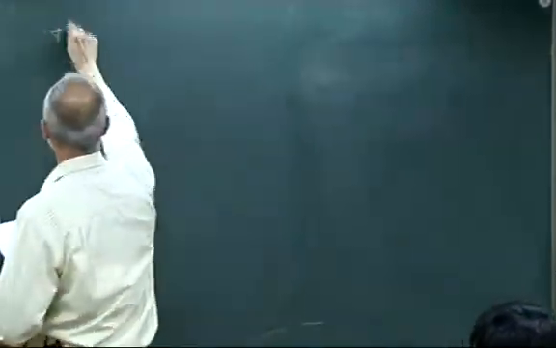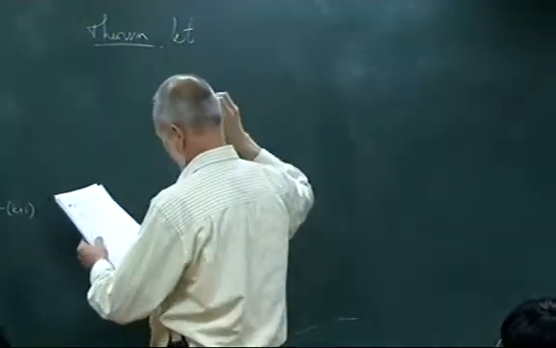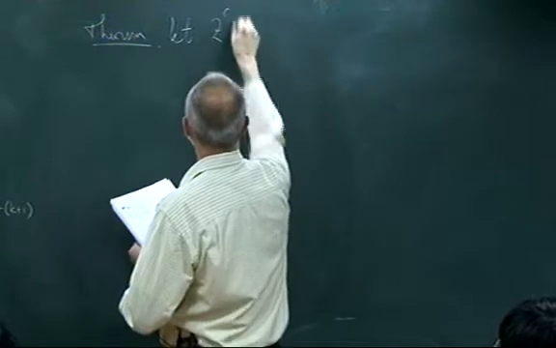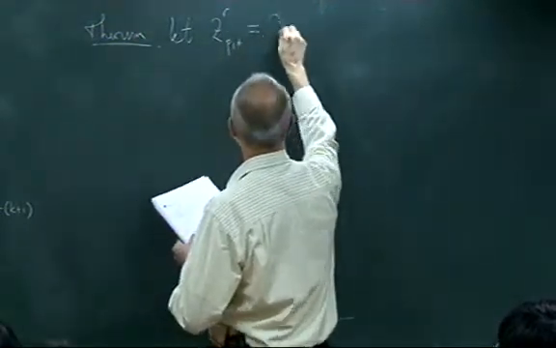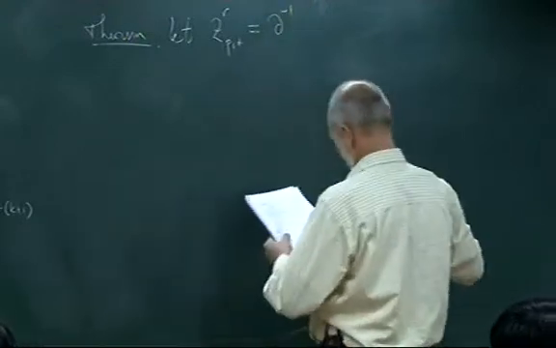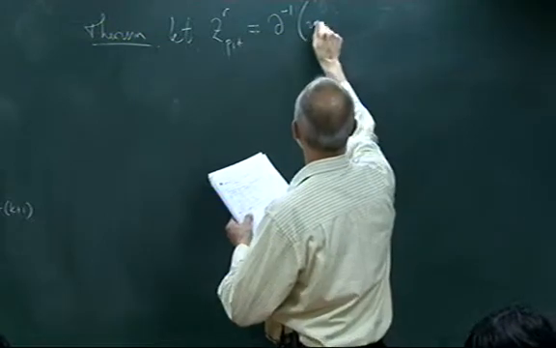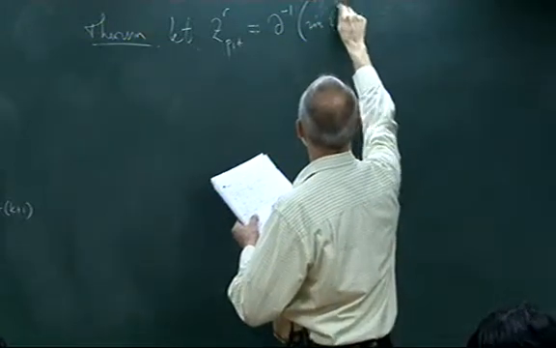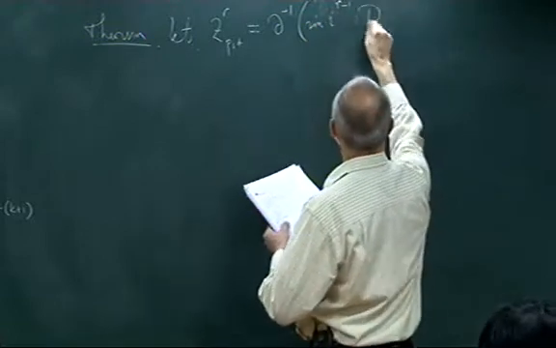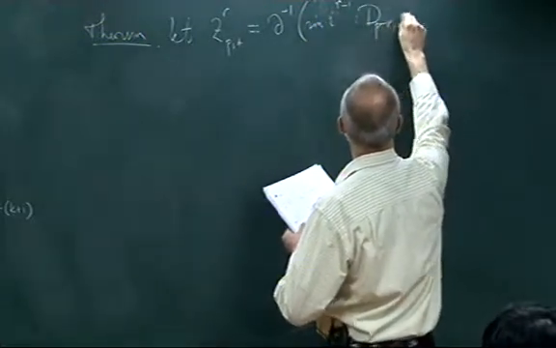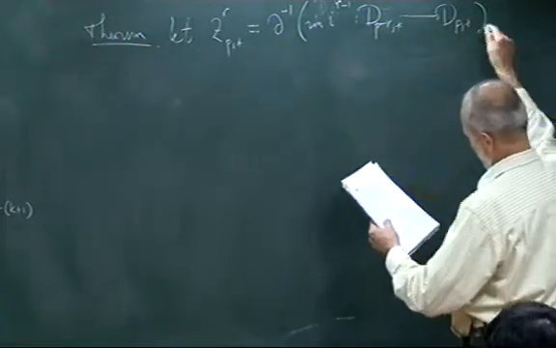So here's the theorem. Let Z_r^P* be equal to the pre-image under D of the image of i^(r-1) going from D_{P-r}^* to D_P^*.